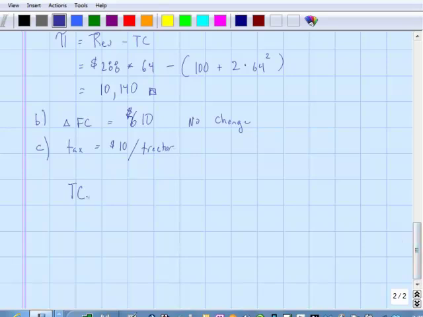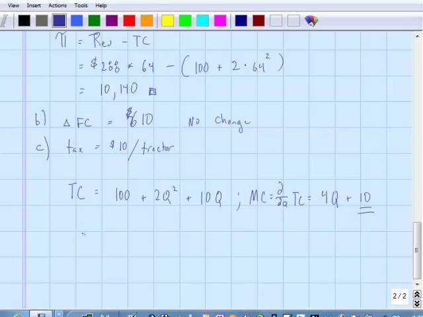Total cost is now going to equal 100, same as before, plus 2Q squared, same as before, plus 10Q. That's our new tax. Marginal cost equals dQ of total cost. So it's going to leave me with 4Q plus 10. That's new compared to the earlier equation.